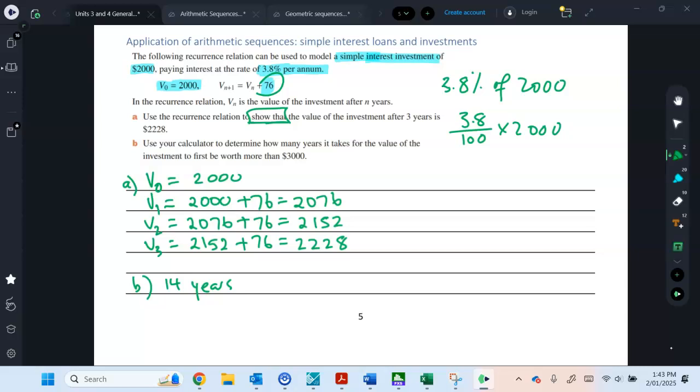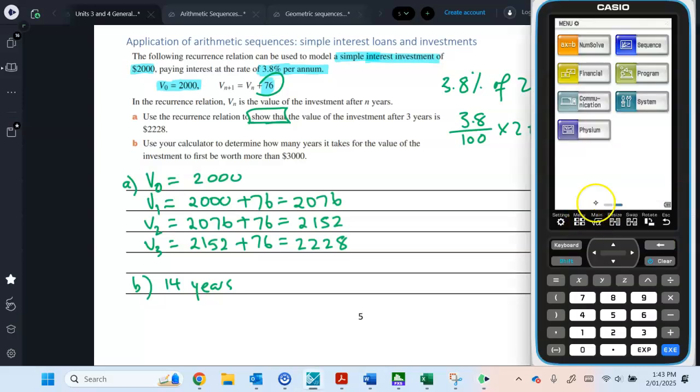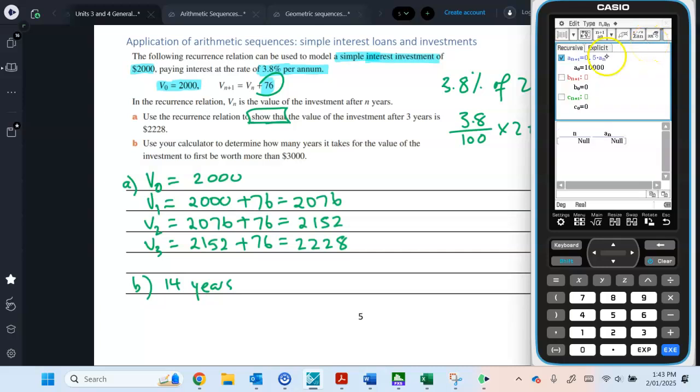and then you're wasting time doing it again. So another way you can do it, going into your menu, go to sequence, and you can just write your recurrence relation here. A N plus 76, and our starting value is 2,000.